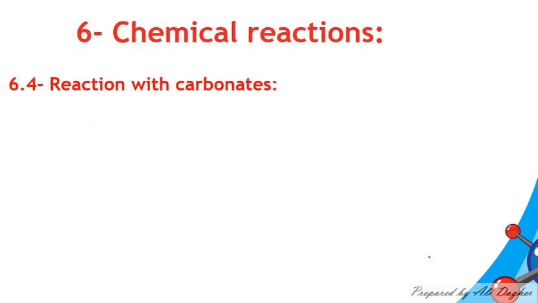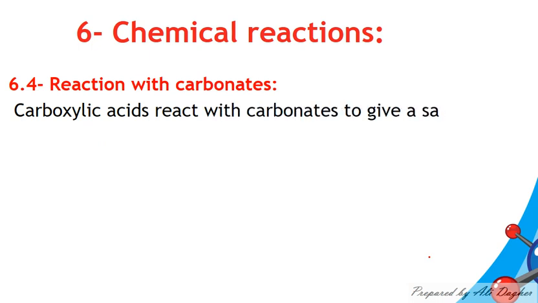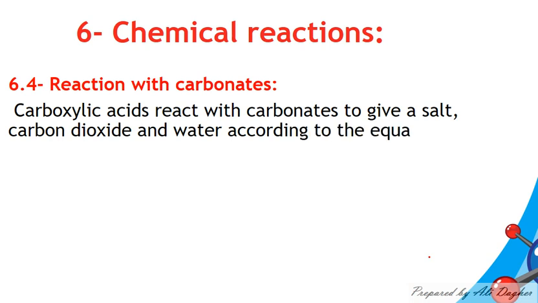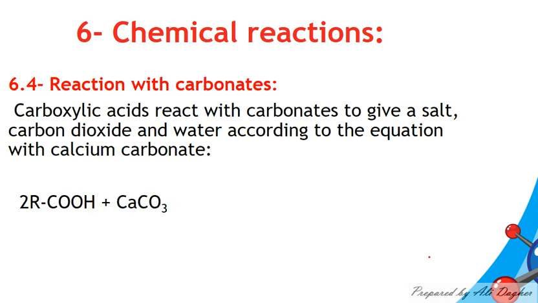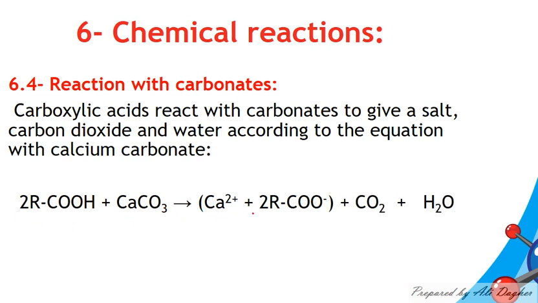Reaction with carbonates. Carboxylic acid also reacts with carbonates to give salt, carbon dioxide, and water according to the equation, with calcium carbonate as an example. CaCO3: Ca is Ca2 plus, 2 plus with 2 minus, 2 RCOO minus.